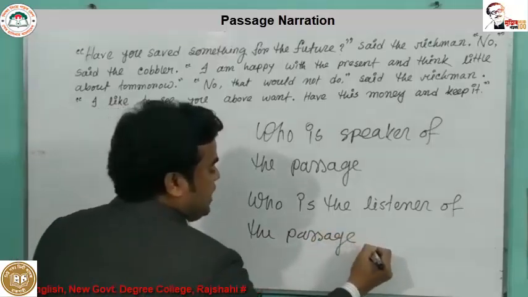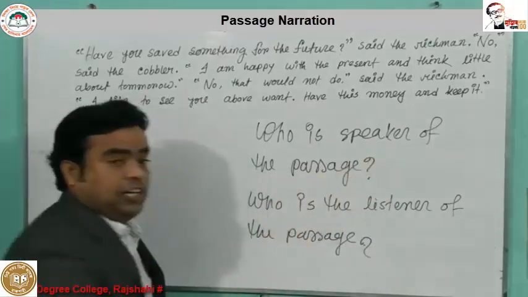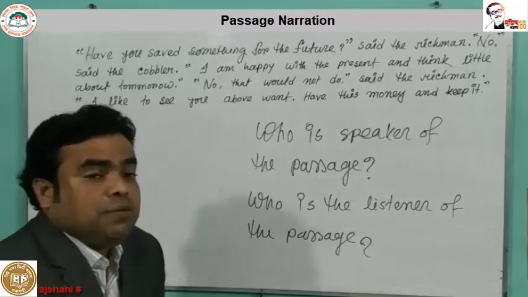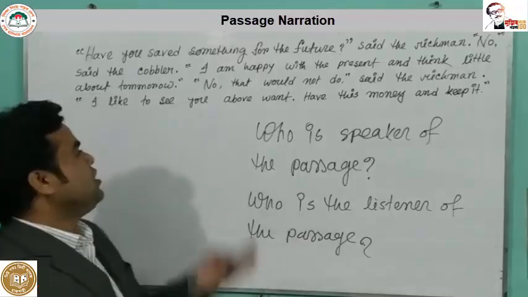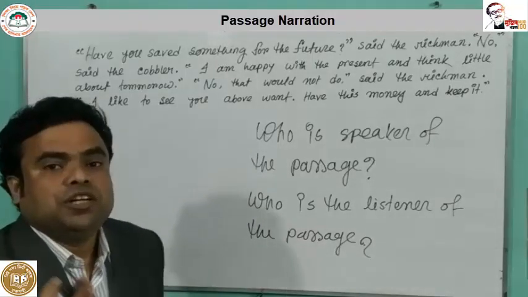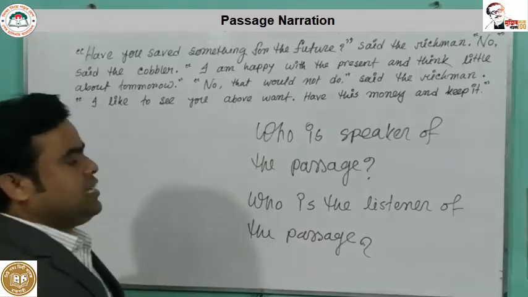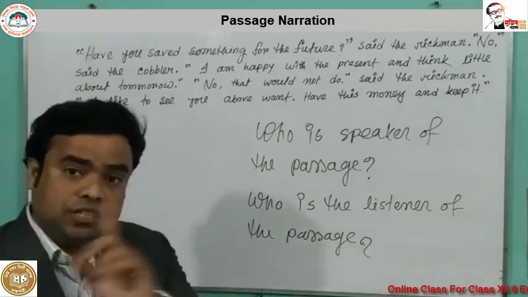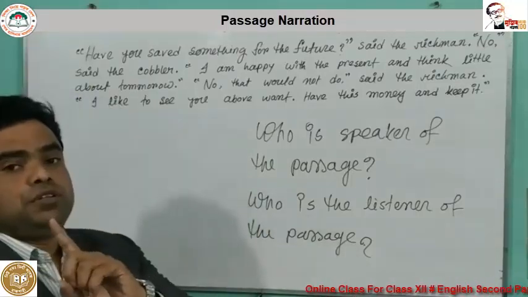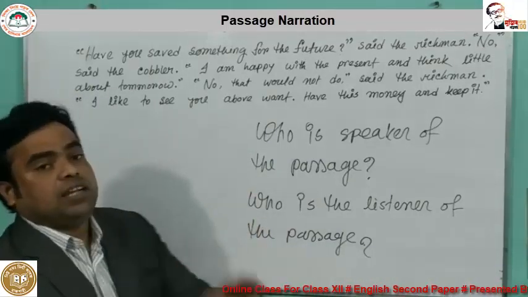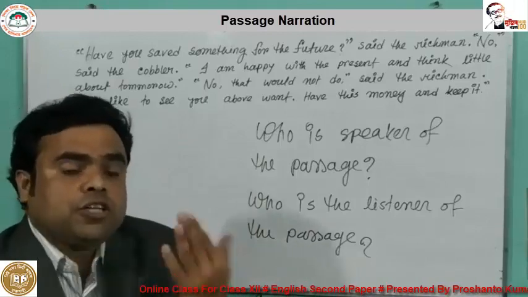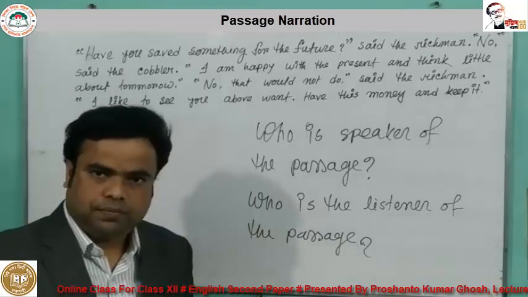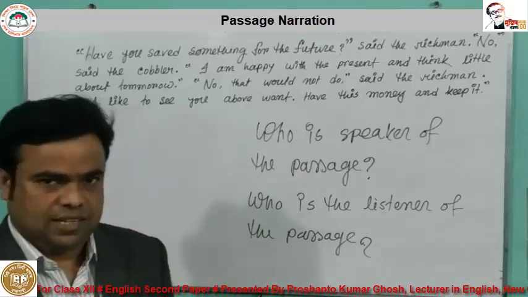If you find the speaker and listener, it will be easier to change the passage, whether it is directed from indirect to direct or from direct to indirect. Hope you understand, dear learners.